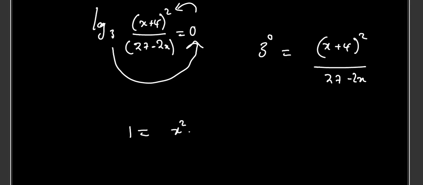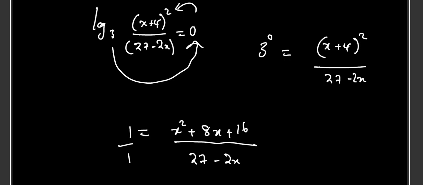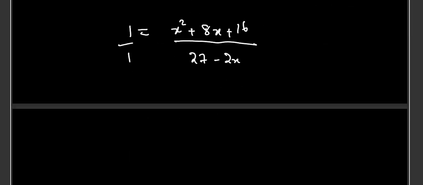This is x squared plus 8x plus 16. Down below you get 27 minus 2x, with a 1 there. Then here we can cross multiply. This is x squared plus 8x plus 16 is equal to 27 minus 2x.